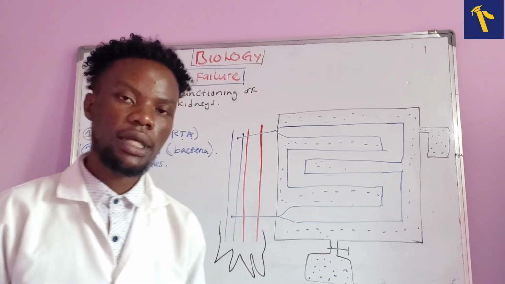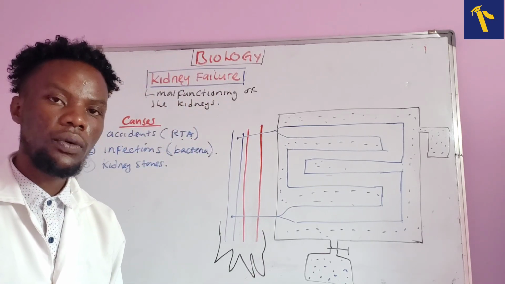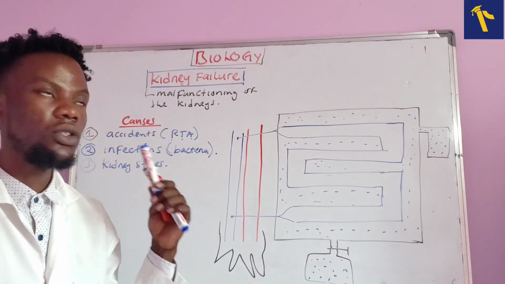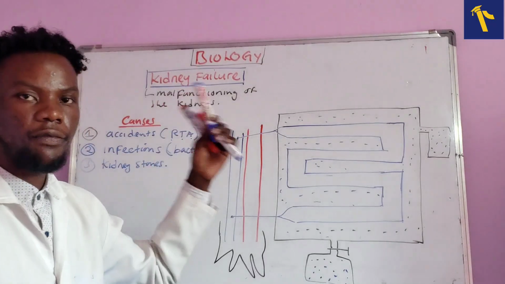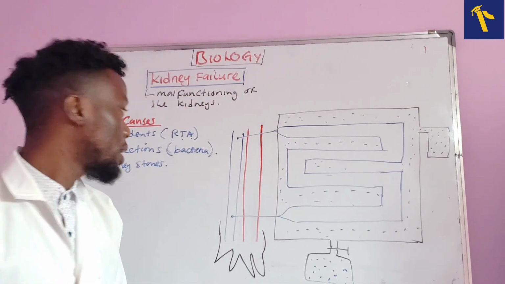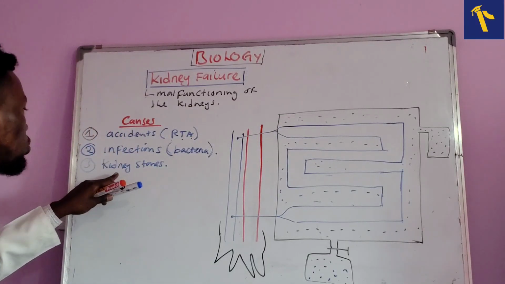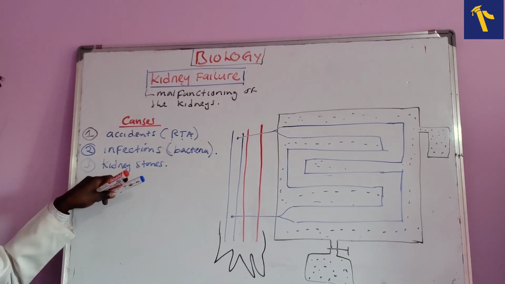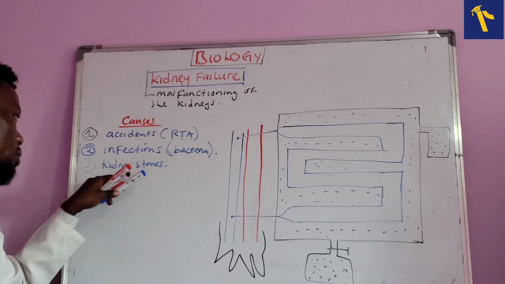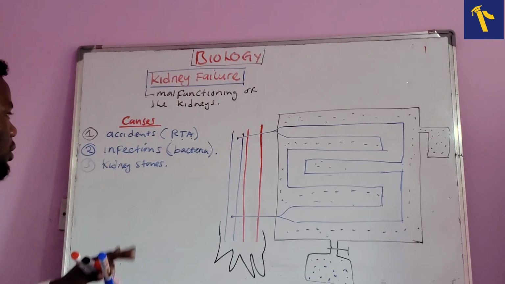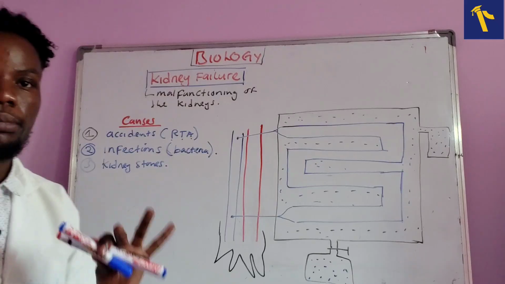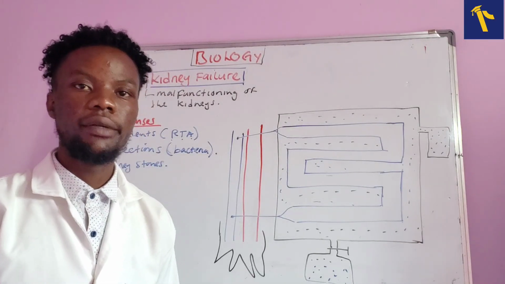So if someone has kidney stones, it can lead to kidney failure. These are the important causes that you need to understand. There are a lot of conditions that can lead to kidney failure, but simply, we just have to know 3 important causes.